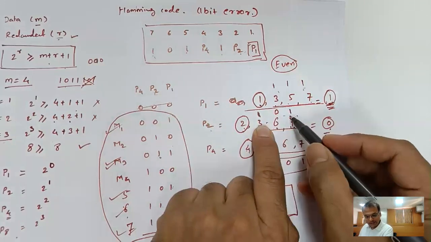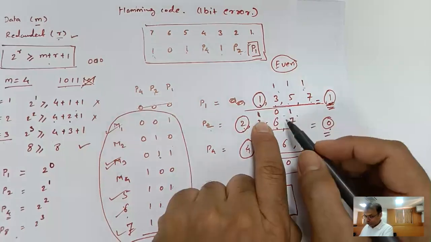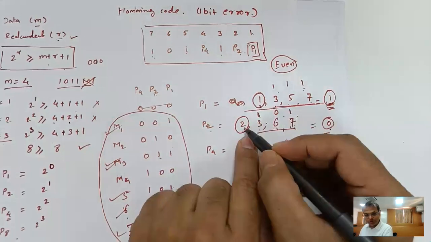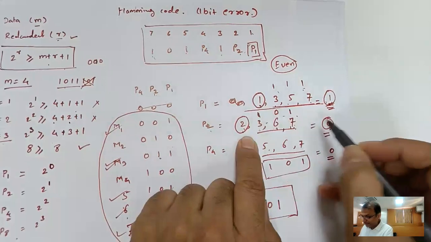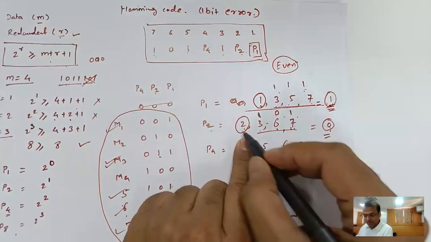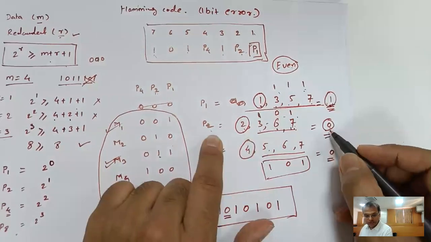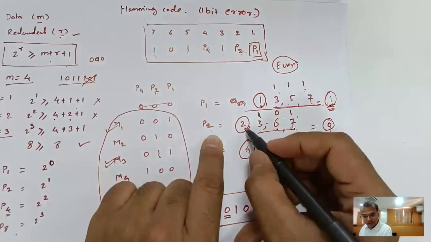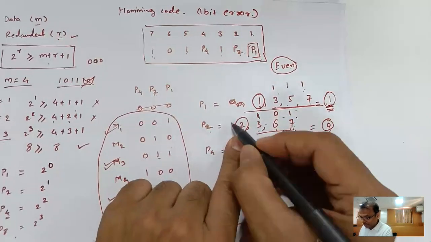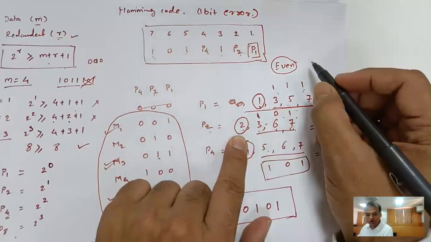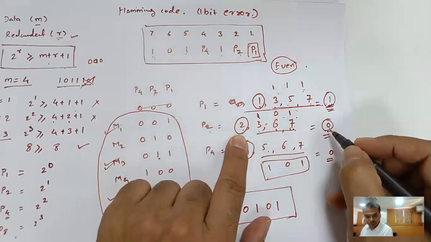Even parity. So you don't have to change because you have already got the even parity. So you don't change the P2. If you make P2 as 0, then the complete value will be even parity. Okay, that's why the value of P2 is 0. If you make P2 as 1, then what will happen? The parity of the complete data here becomes odd, but we are working on even parity. So that's why we are not making it 1, we are making it 0.